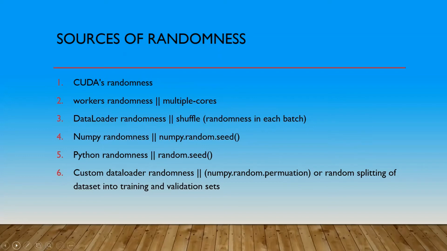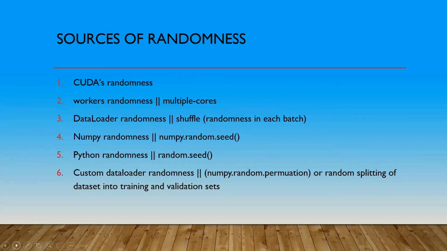The third could be the DataLoader itself. The DataLoader also has logic in itself to select your records in each of the batches in random order. And how is that handled? That is handled via the shuffle parameter.